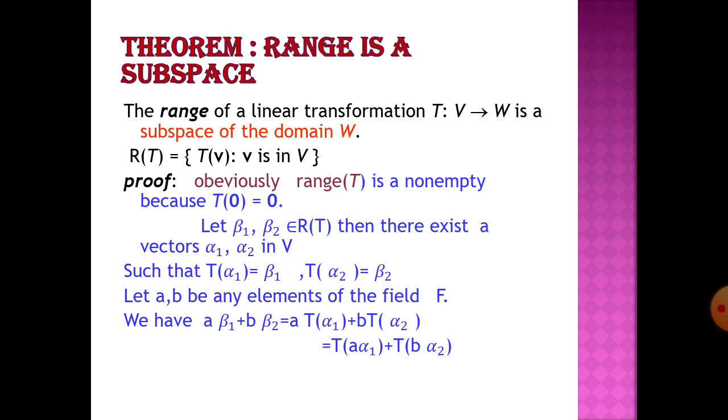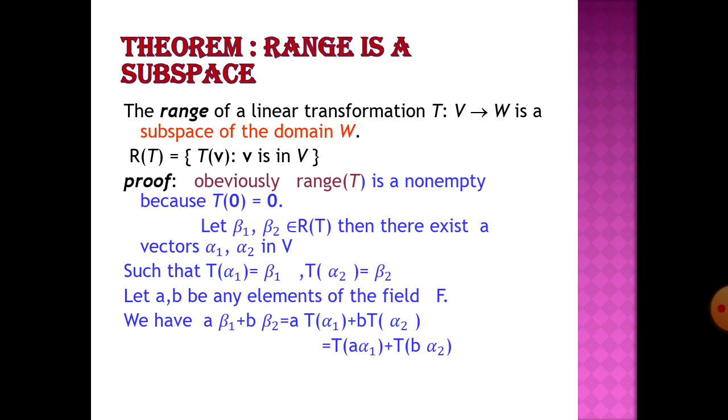Proof. Obviously, the range of T is non-empty because T of 0 is equal to 0. We already know the condition T of 0 equals 0, so the range of T is non-empty. Let me take two elements from R of T, because we want to show that R of T is a subspace.